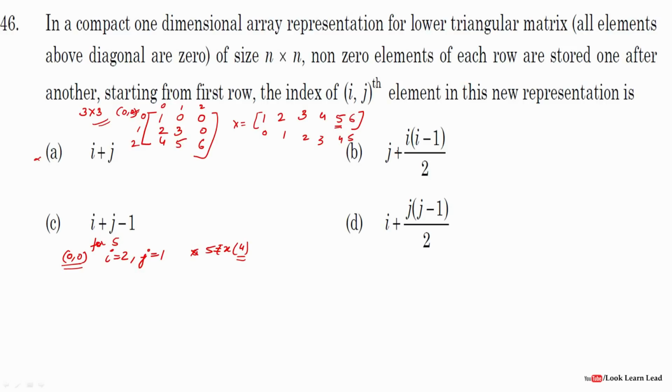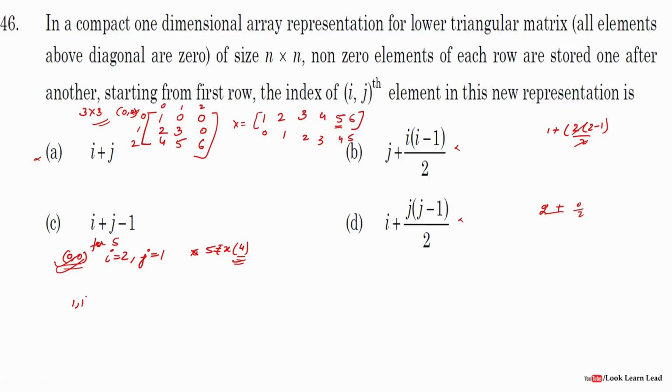Here, if I put it, it is 1 plus 2 into 2 minus 1 by 2, it is returning 1. So for now this is not my option. Next, it is 2 plus 1 minus 1, it is 2, it is not returning 4. Our answer should be 4, because at 4 only 5 is there. Here if I put this, it would be 2, so this is also not the answer. So we are not considering the case 0 0.